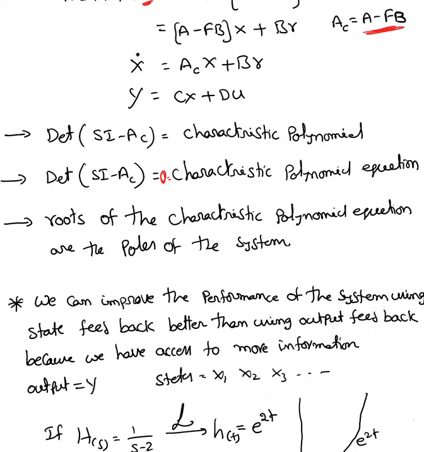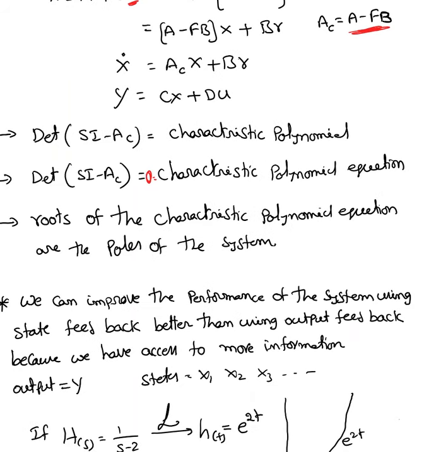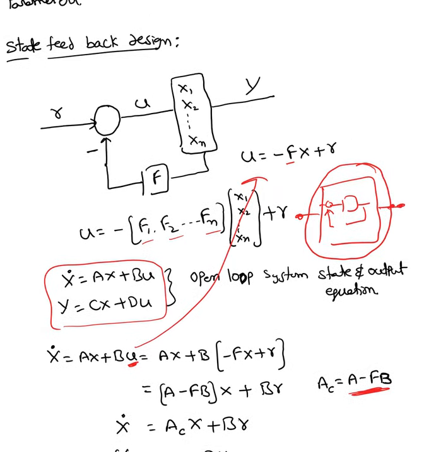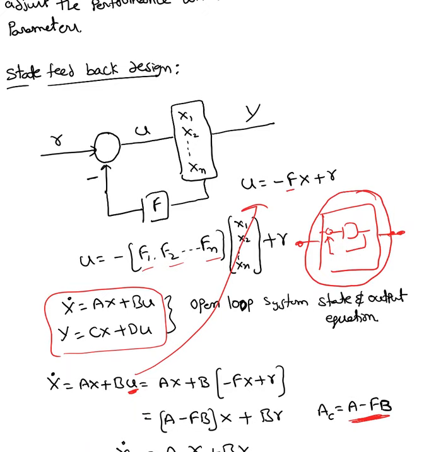Now we can improve the performance of the system by using state feedback better than using the output feedback, because we have access to more information. One of the important points here, we can do better control by using state feedback design, because we have more variables.